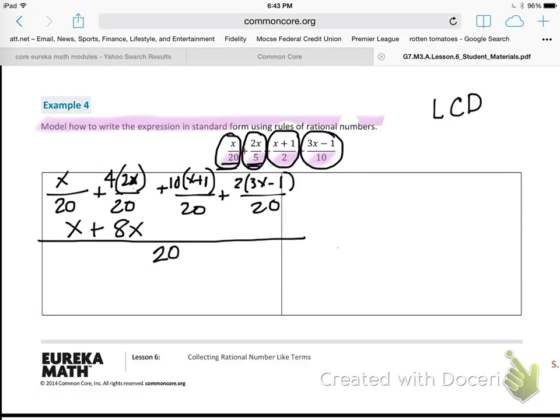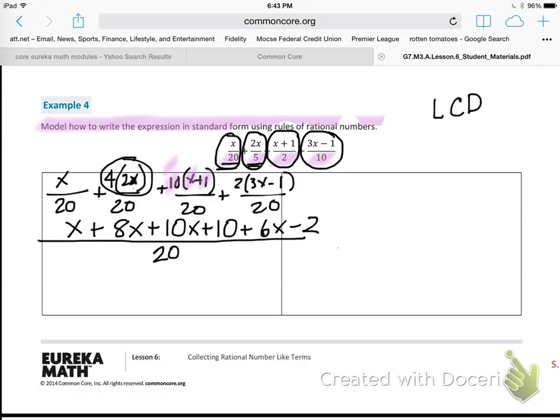Okay, I'm doing the multiplying now, multiplying this out. And then we have plus 10x plus 10, okay? And that 10x plus 10 comes from here, 10 times x, and then 10 times 1, okay? Plus 6x minus 2, okay?